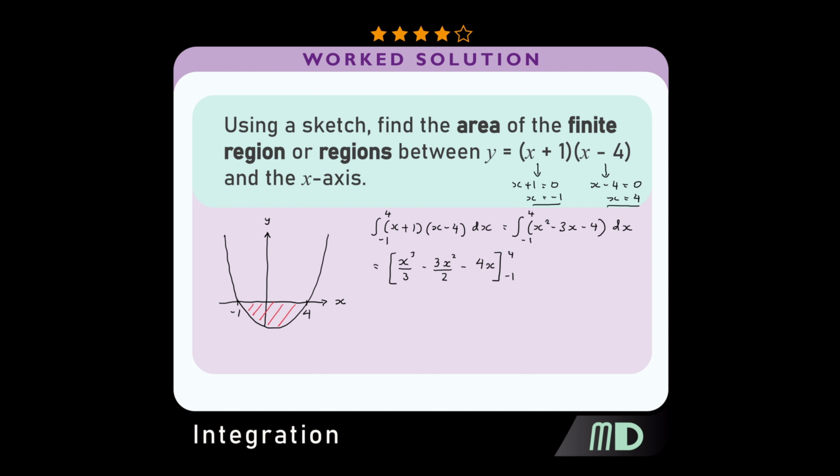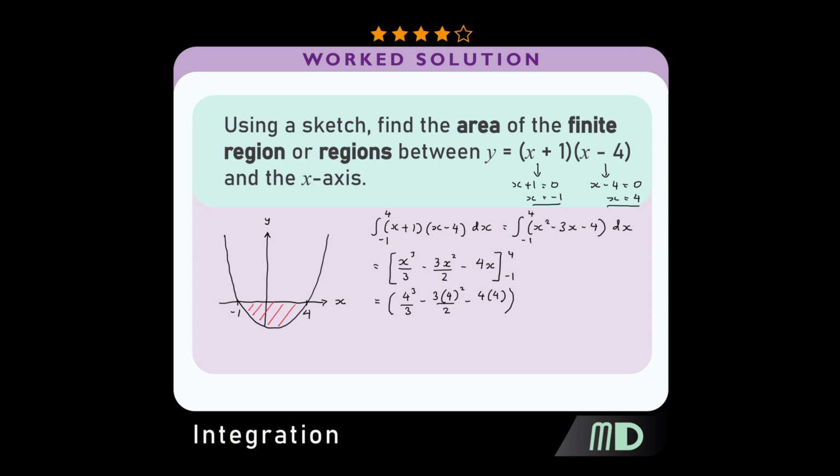Now, we need to substitute both limits for the variable x, and then subtract. First, we substitute 4 for x, giving us 4 cubed divided by 3 minus 3 multiplied by 4 squared divided by 2 minus 4 multiplied by 4.